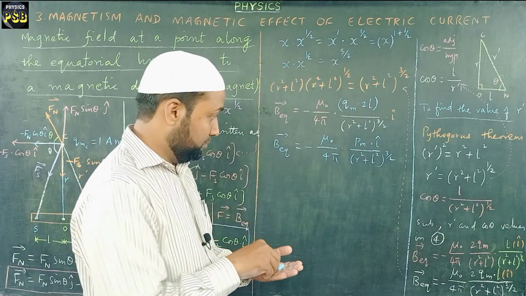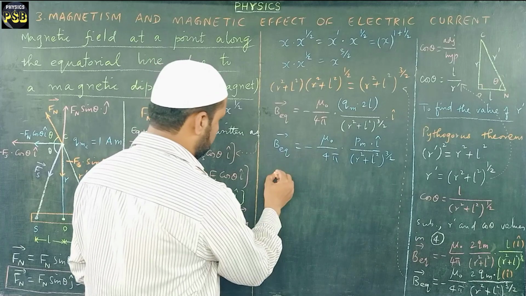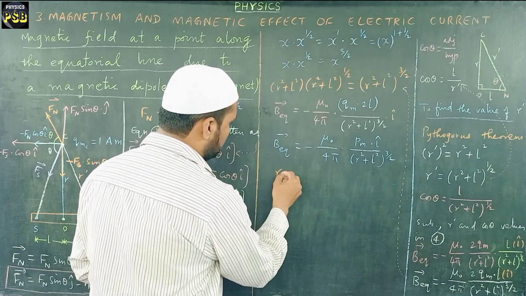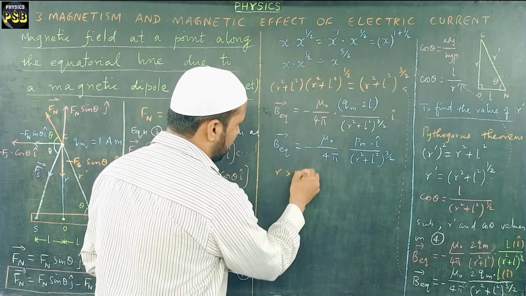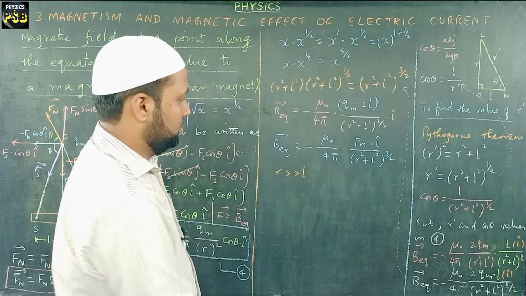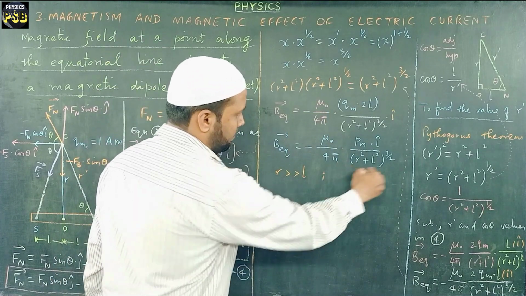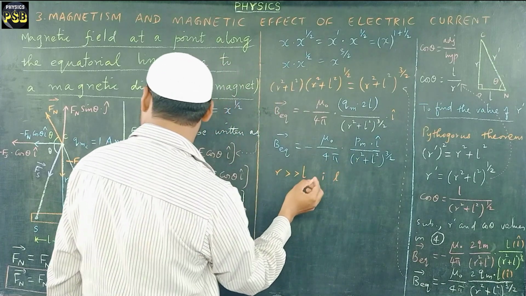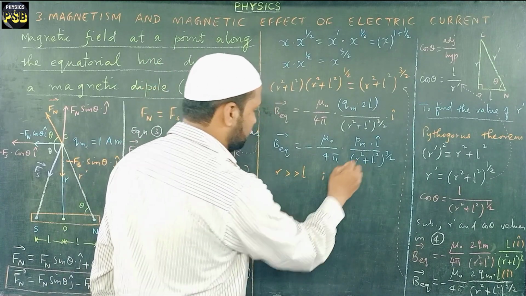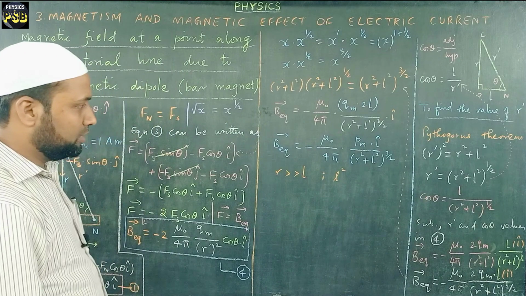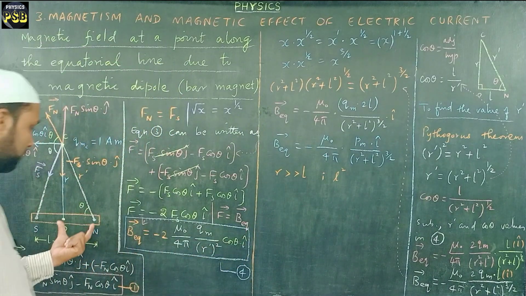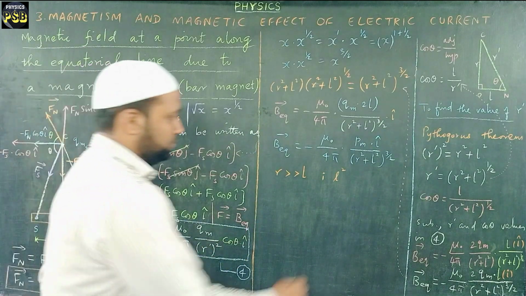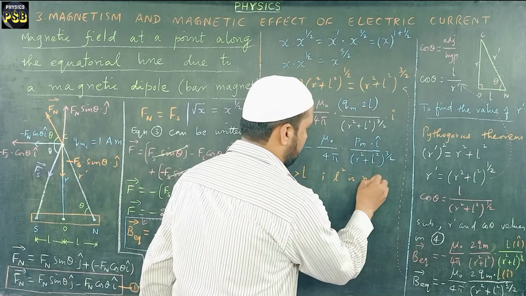Here, suppose R is very large compared to L. Then in this expression, L square, which is the square of half of the length of the magnet, is neglected.